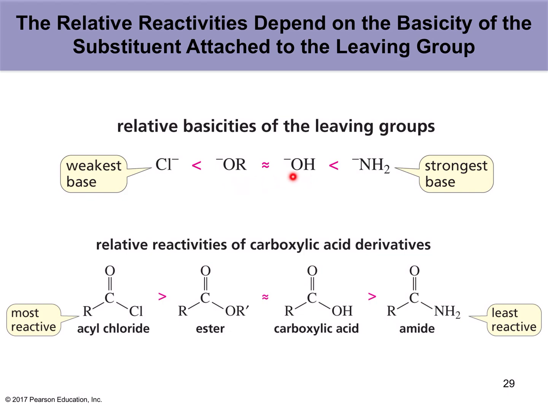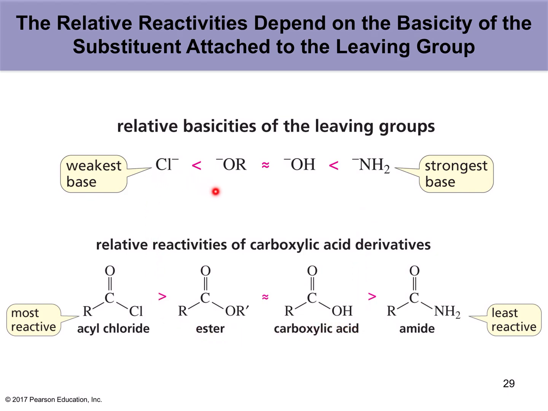Then water or hydroxide, whose conjugate acid is water, with a pKa about the same as alcohol. And then the strongest base is going to be NH2 minus. So in relative basicities, chloride would be easy to lose, then the alkoxide, hydroxide, and NH2 would be the strongest base, which is harder to lose.